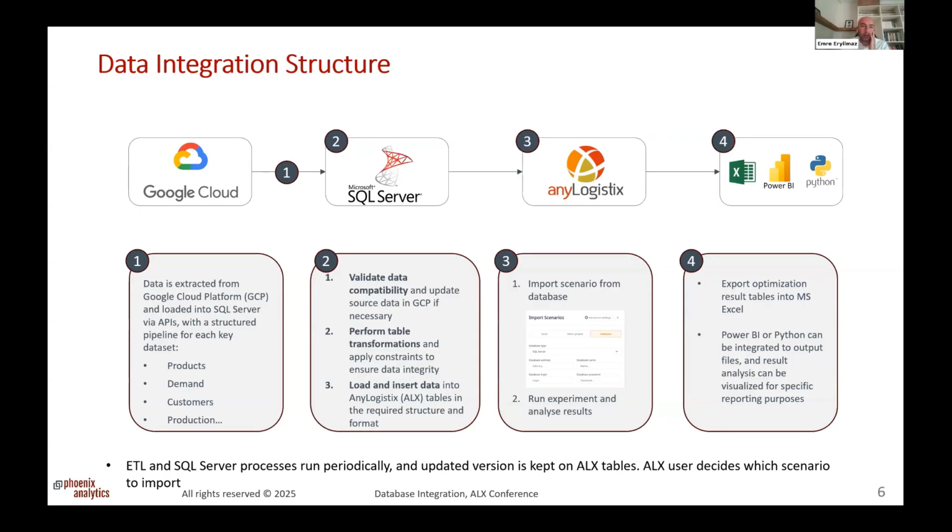So in the first part, the Google Cloud GCP part, data is extracted from GCP, and for each table, for product, for demand, for all the data tables I have mentioned, an API is created. The APIs are created by the Coca-Cola team, by the way. Then we fetch the data from Google Cloud and convert it to SQL Server type. Several steps occur.